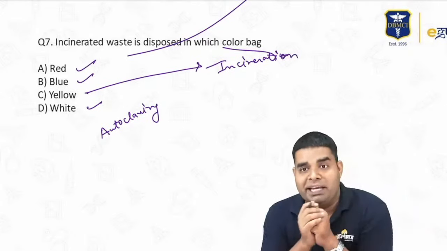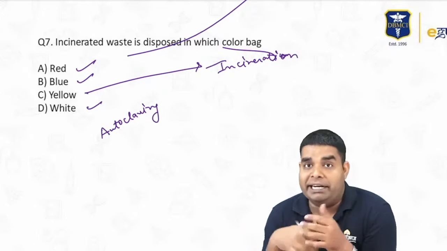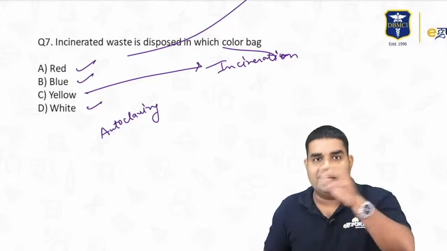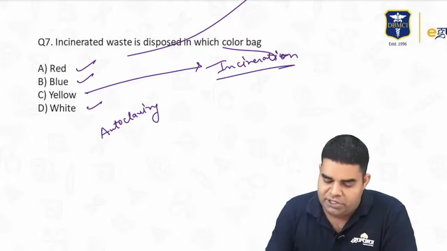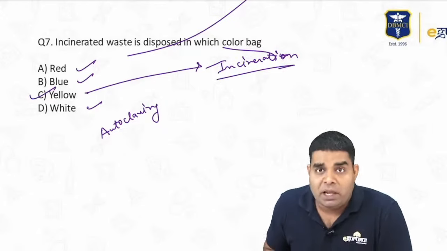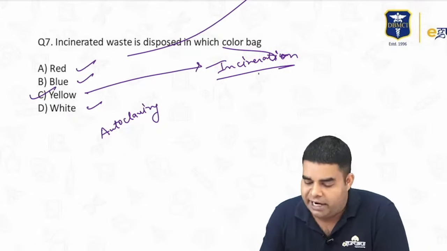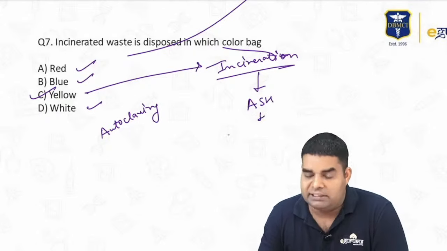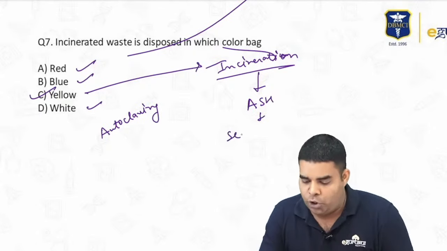If you are posted at a PHC, you can bury them by deep burial, in which there will be a cemented pit from 3 sides and then you dump the waste. So incineration is done only for yellow category waste, and from an incinerator, all the ash that we get is disposed in a secure landfill.